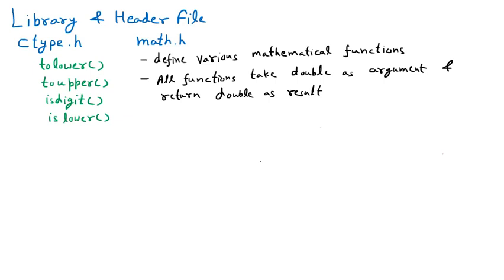We know that double is a super set of float, so everything inside math.h, whatever functions we are using, should have floating values, and everything we pass is double and what we get back is also double. So first of all we are going to discuss the major functions in math.h.